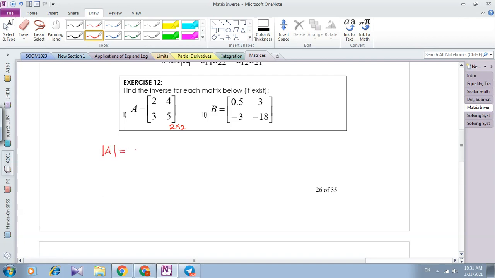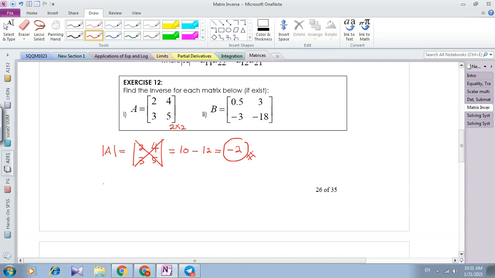Determinant of A is, for the main diagonal, 10 minus, remember the operation is subtraction, minus 12. So the determinant is negative 2. There's no problem if the determinant value is negative. It does not necessarily mean it must be positive. It can be a negative value.